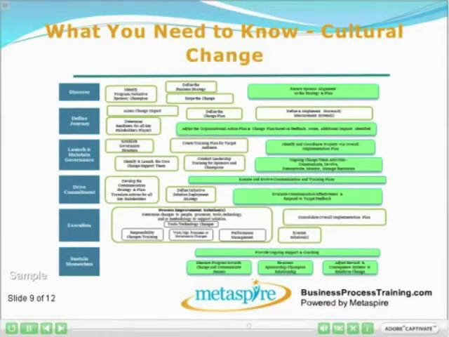Change management is a mindset, a series of techniques designed to ensure that human variables are addressed and ensure changes are managed into a positive history. At Metaspire, we use this cultural change roadmap to guide us through the BPM process. The cultural change tools in this roadmap are designed to assist process-focused professionals in leading organizational change, leveraging business process management and Six Sigma disciplines.